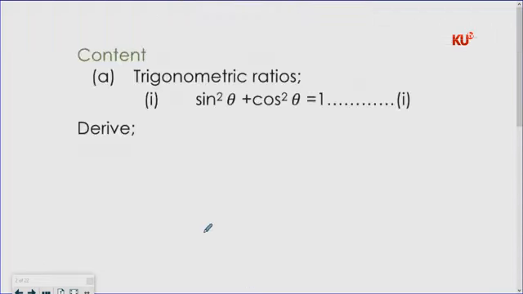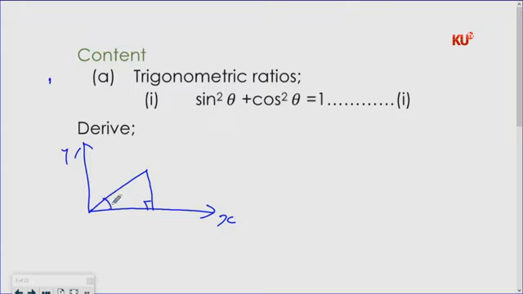So, learner, let's look at our first identity, which is sine squared theta plus cos squared theta is equal to 1. We can derive this very quickly. Assuming we have our Cartesian plane, we have the x-axis and the y-axis, and I happen to have a right angle triangle.